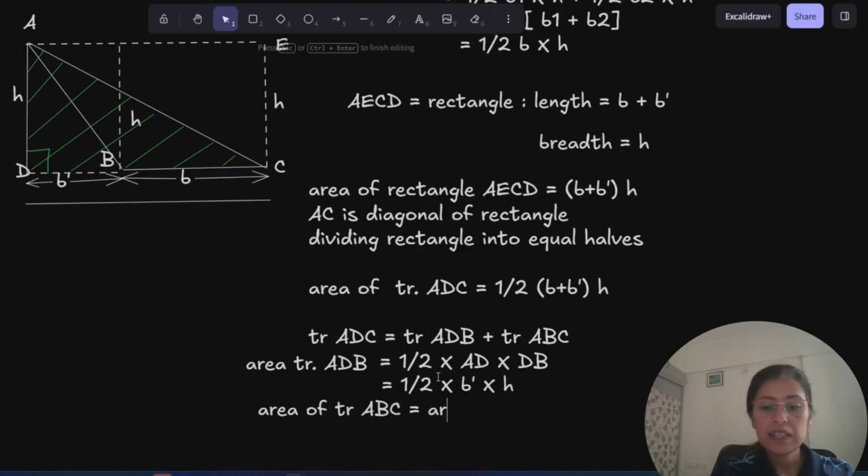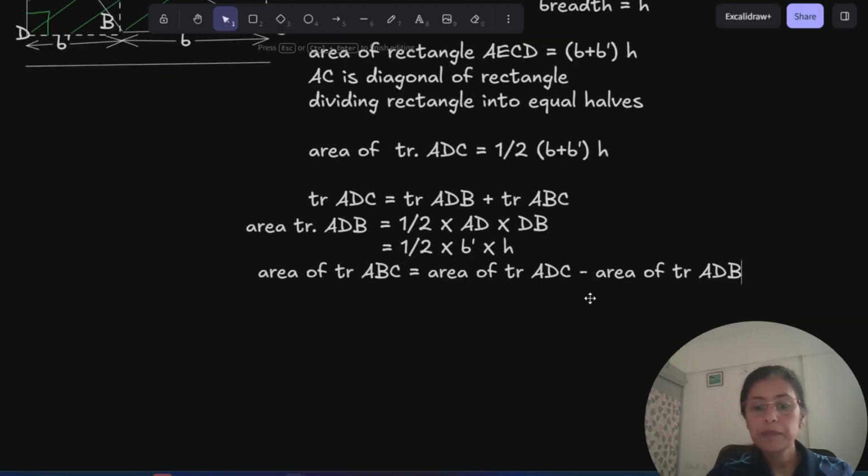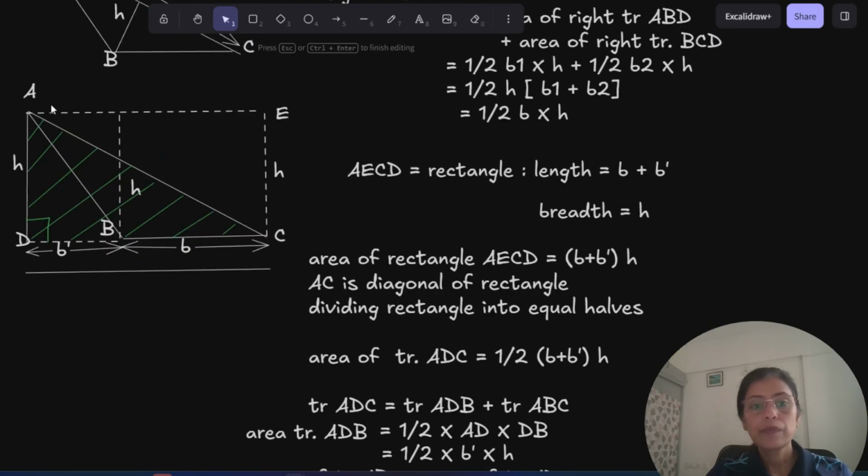Now we'll find that area of triangle ABC is equal to area of, I'll write the complete one, area of triangle ADC minus area of triangle ADB, right? You see here, this ADC is the complete shaded portion.